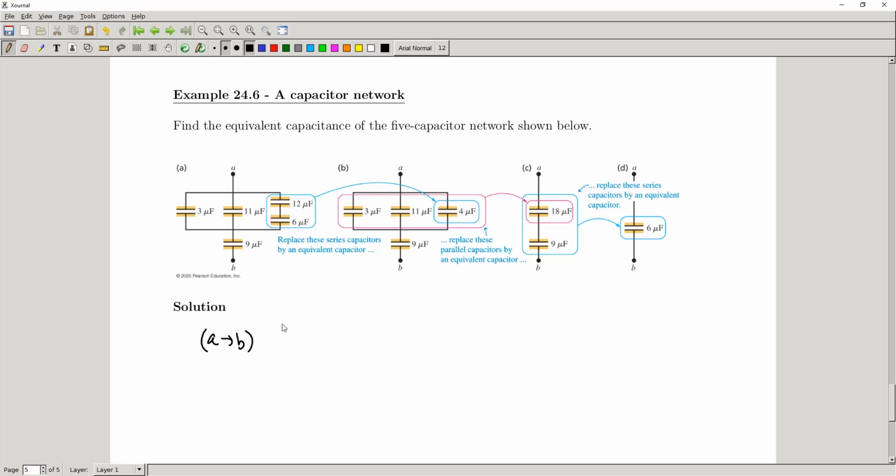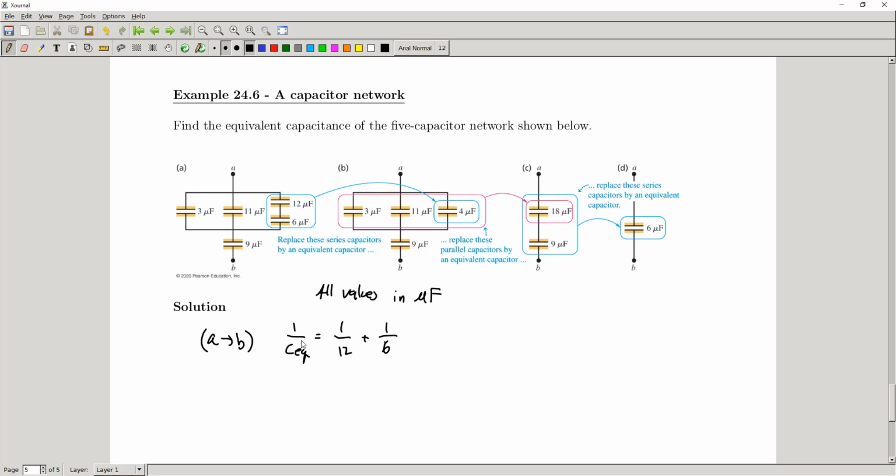So we want to start off by using 1 over CEQ is equal to, well, the reciprocals of these values, right? So it's going to be 1 over 12, and so all values in microfarads. So I don't have to bother writing that down. So we're always carrying around this 10 to the minus 6 farads factor, okay? And so we're going to need this equation here.